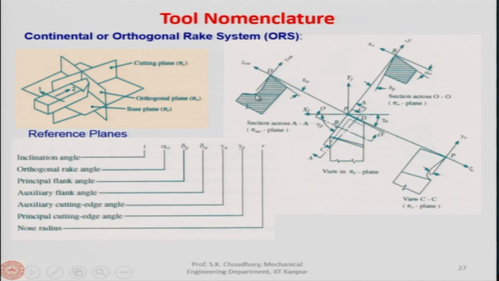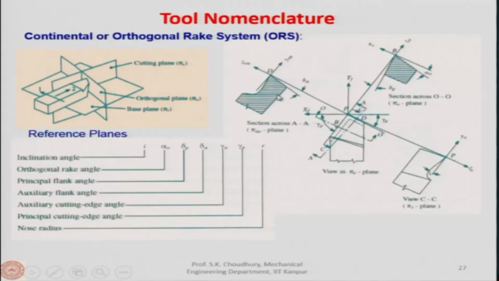Now I would like to point out one thing: the inclination of the rake face here and the inclination of the rake face there are different, because I said there will be more than one inclination on the rake face. Therefore, these rake angles which define the inclination of the rake face are called differently. I will tell you what those are.